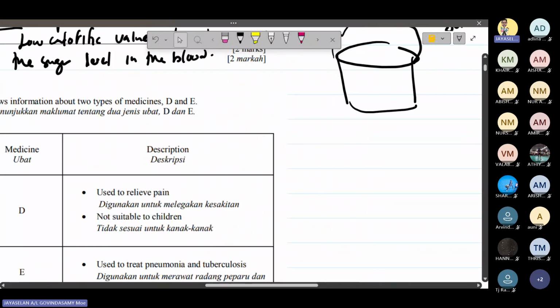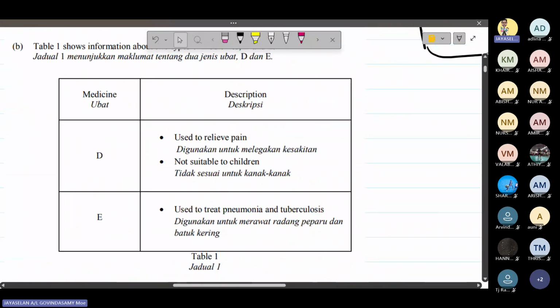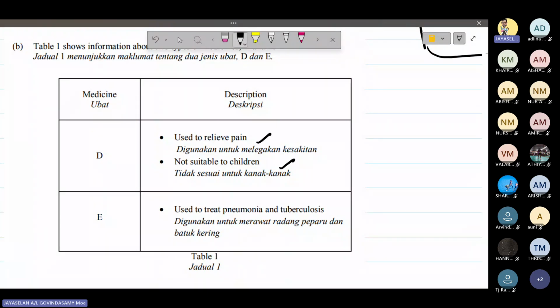Table 1 shows two types of medicine. D relieves pain, not suitable for children. That means you put aspirin. Aspirin is not suitable to be consumed by children because aspirin is an acidic analgesic.